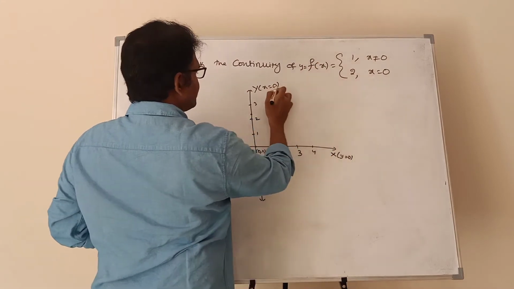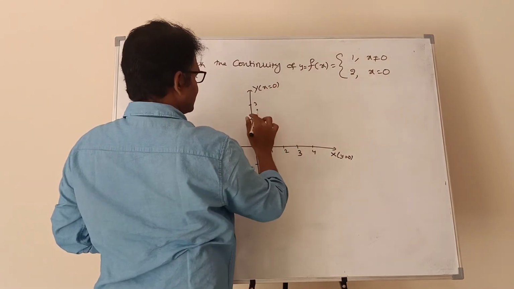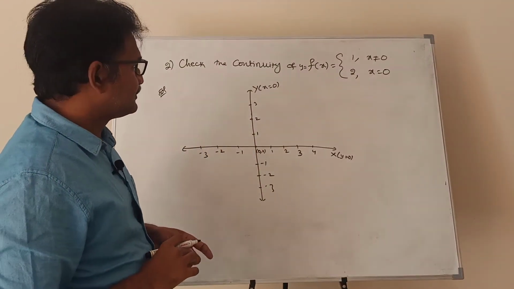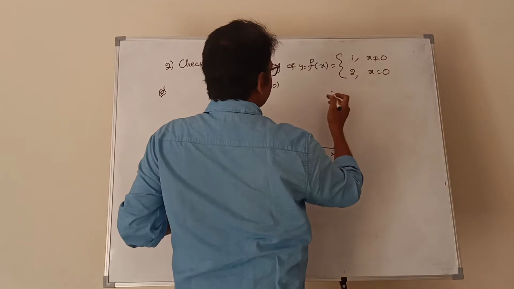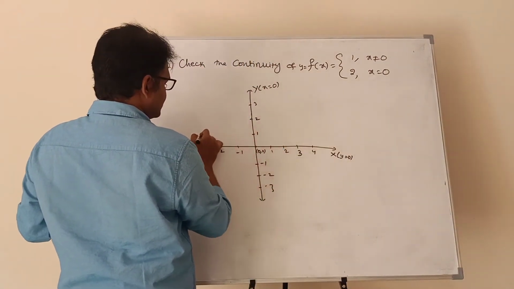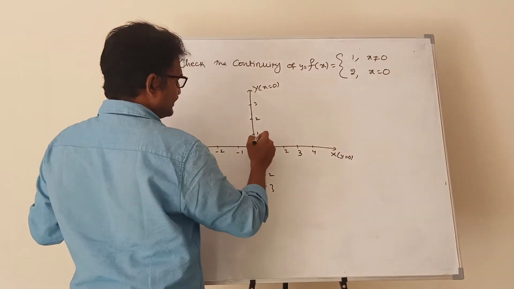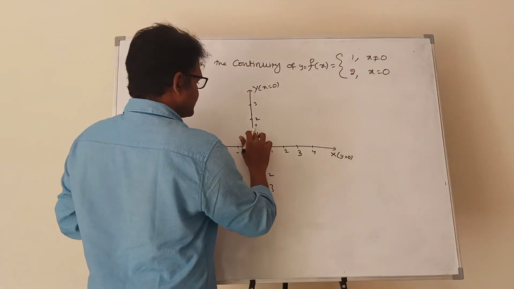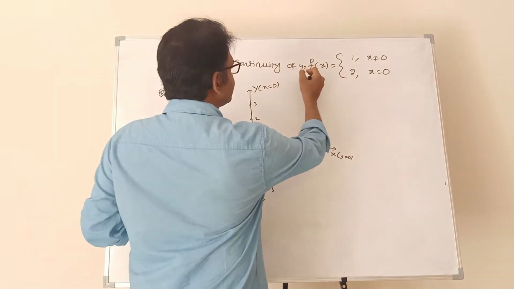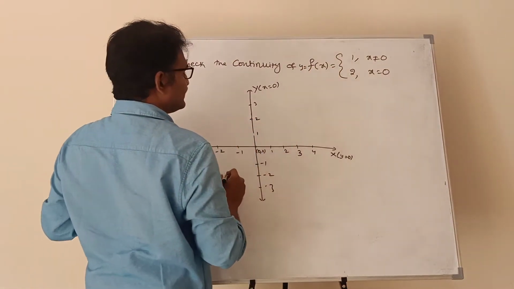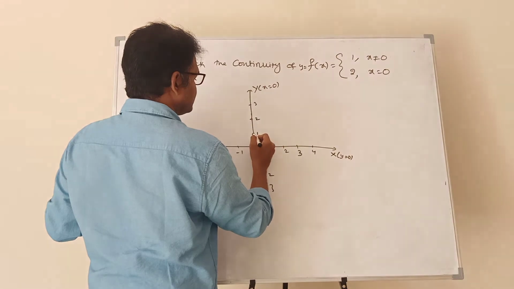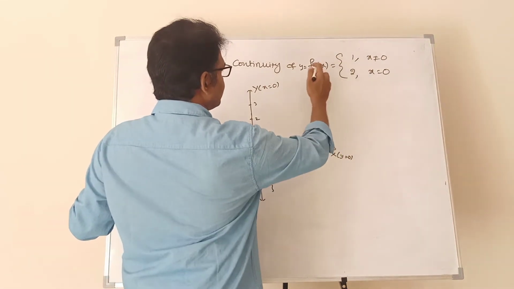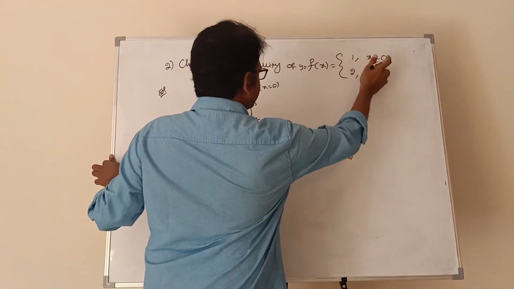The y-axis is called x equal to 0. So x not equal to 0 means the left side of the y-axis, and the right side of the y-axis also, not equal to 0. That's why the y value is 1 here. The y value is 1 if x not equal to 0.